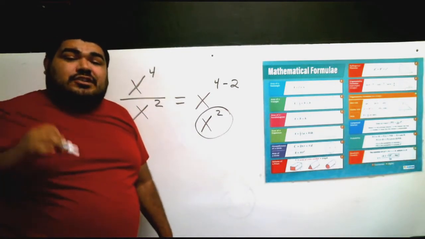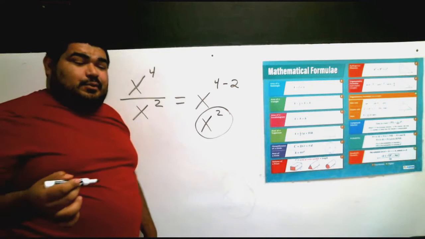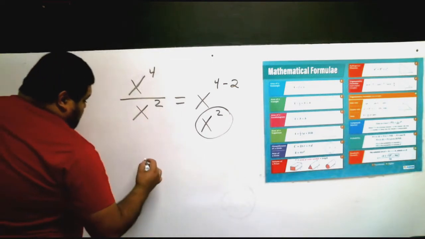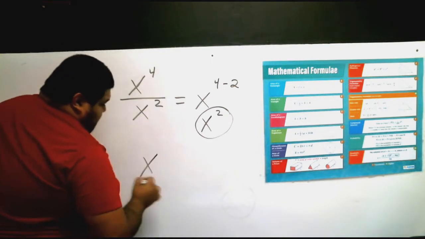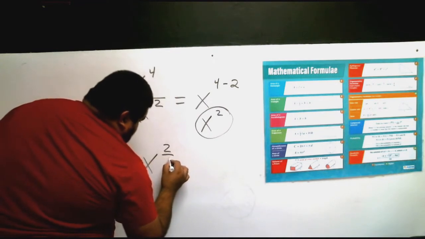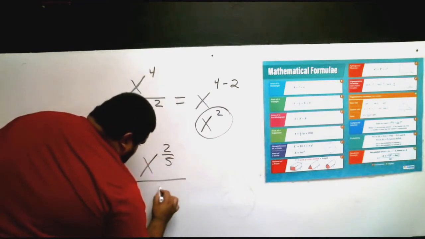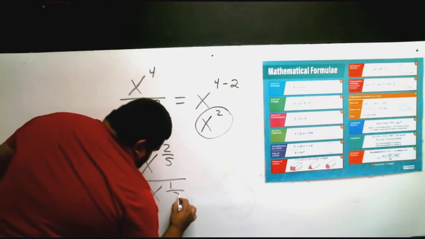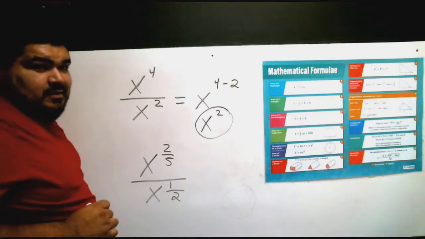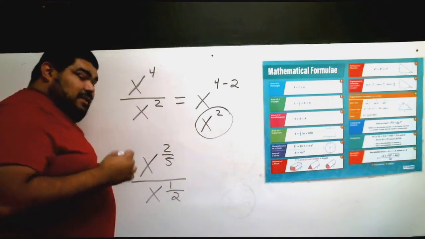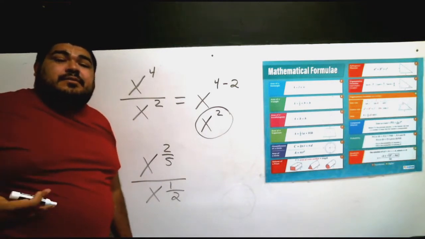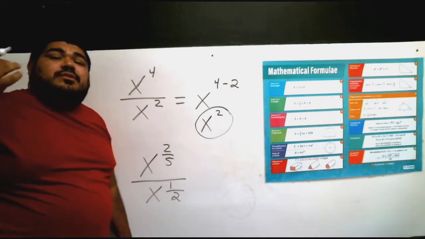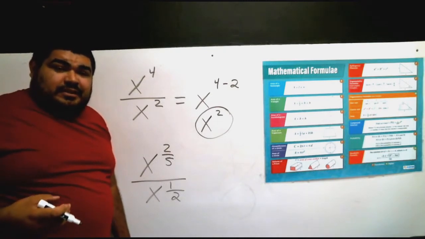Let's do one with fractions, just so you guys can get the hang of it as well. x to the 2/5 over x to the 1/2. Notice that again, I didn't really use the same denominator, so we have to actually alter it.